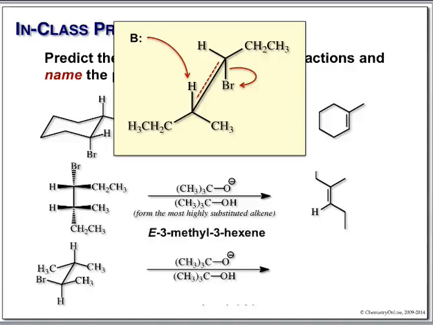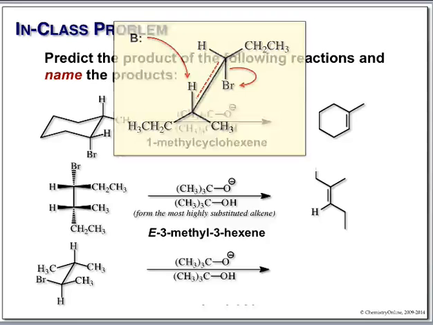Our stereochemistry here, our main chain is trans, that's E, 3-methyl-3-hexene. Even though we've done stereochemistry on the first part, do remember E and Z, cis and trans for the final.